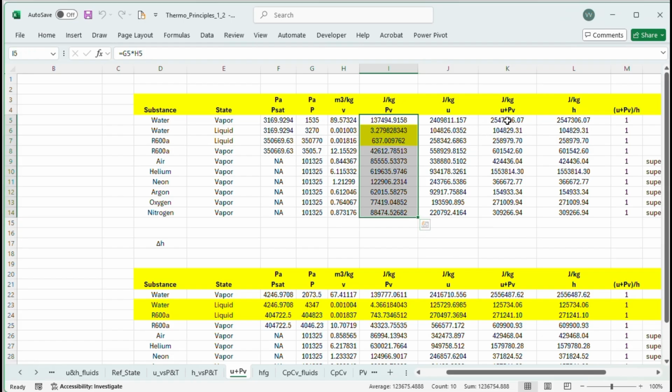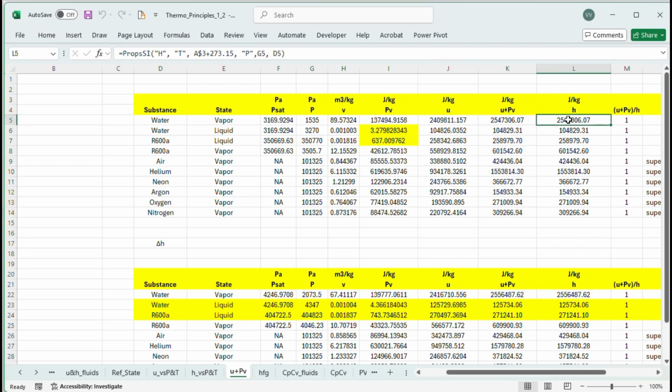Then we do U plus PV, which will also be in joules per kilogram. Then we do the actual calculation of enthalpy, calculated using the symbol H, using temperature and pressure. If you take the ratio of the U plus PV that you calculated here and H, you can see the ratio is 1. So enthalpy is U plus PV.